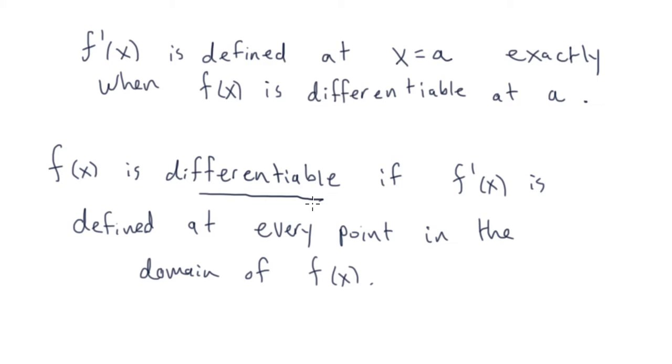So again, there's going to be a lot of terminology, and it seems to be that there's a lot of abuse of terminology around derivatives, because you're already saying derivative at a point, differentiable at a point, derivative function defined at a point, but then you also have differentiable over an interval, f prime of x defined over an interval. So it's just a lot kind of muddied up in the waters now.